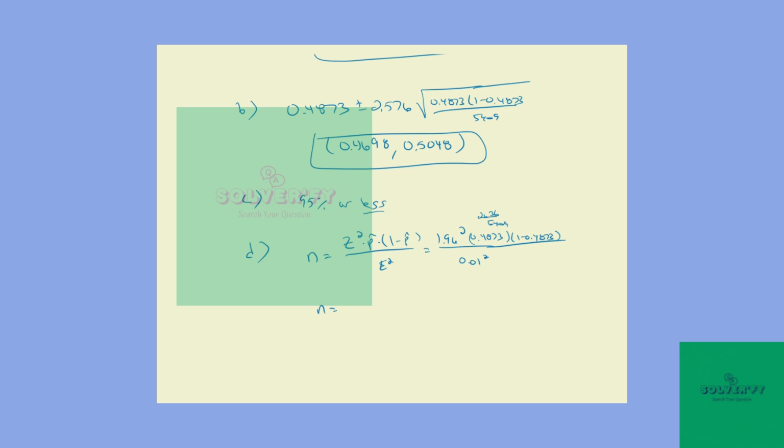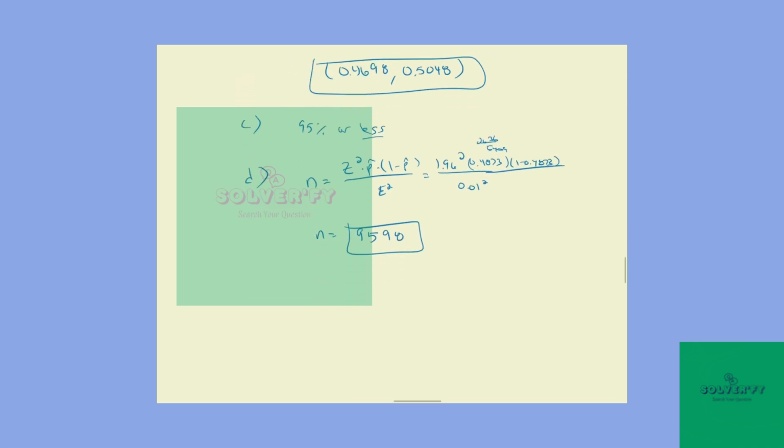Okay, so we have 1.96 squared times 2636 out of 5409 times 1 minus 2636 out of 5409 over 0.01 squared. And we need 9,598 people.